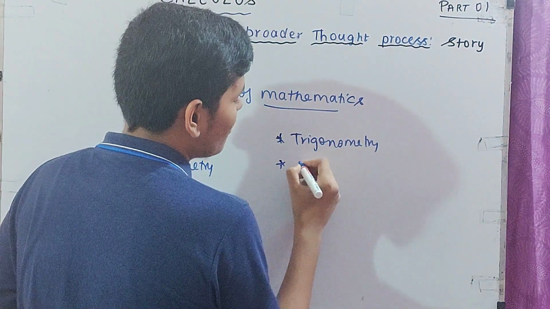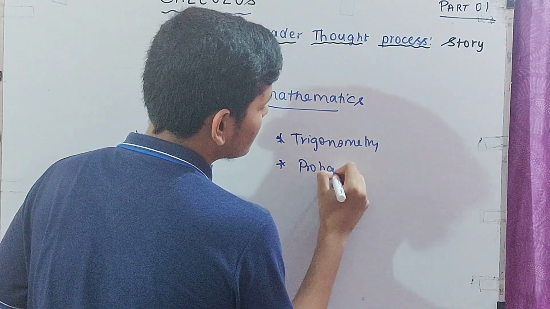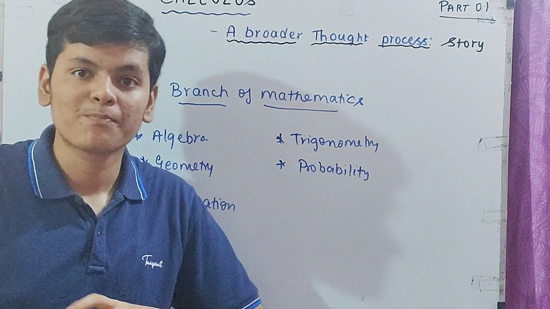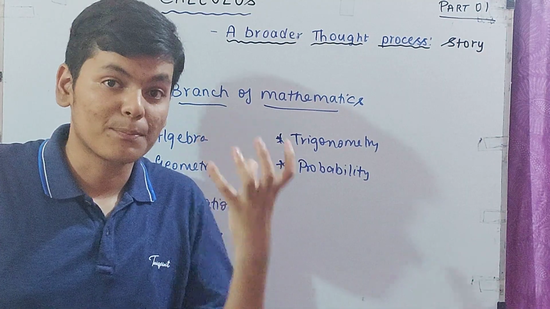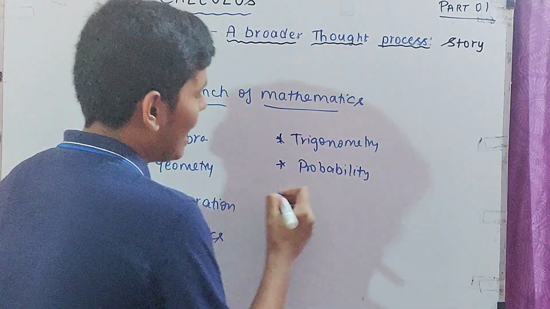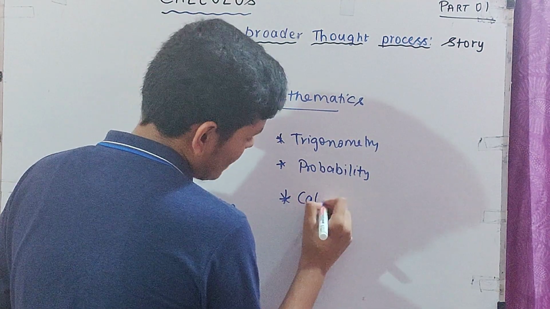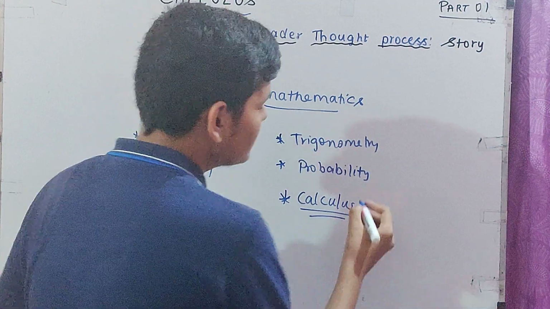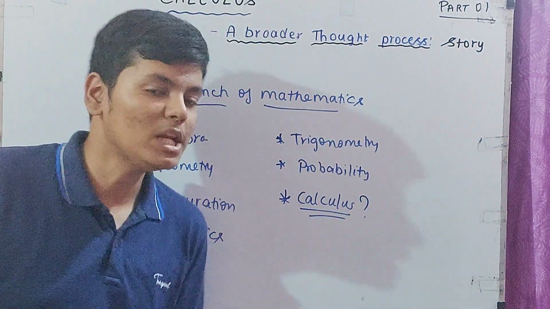Then there is the branch of probability. This branch of mathematics deals with chances, or what the chances are of something happening. And then we have something called calculus. Now the question is, what does this topic deal with?